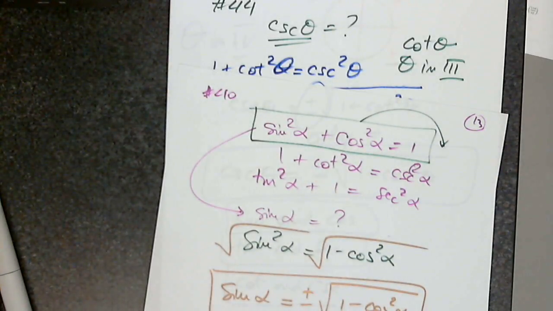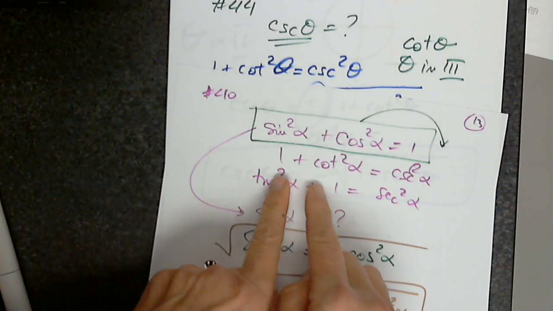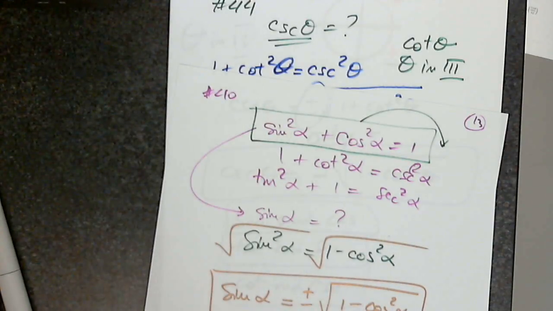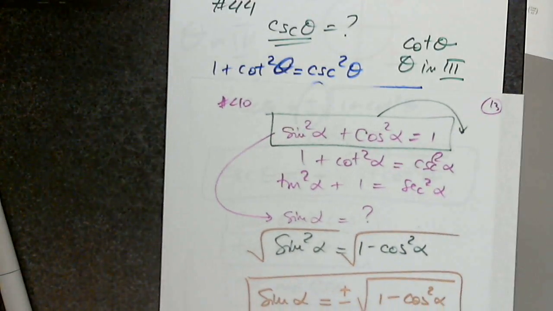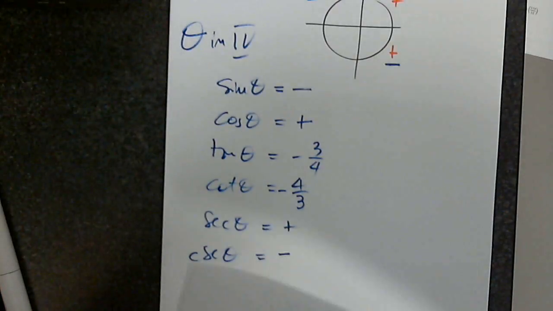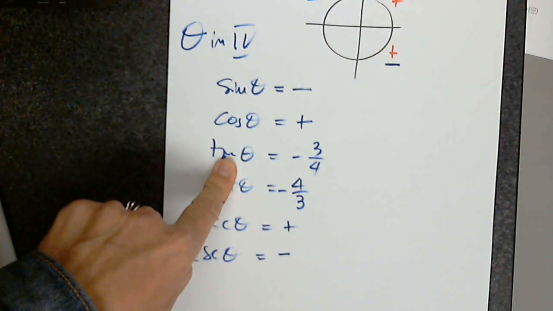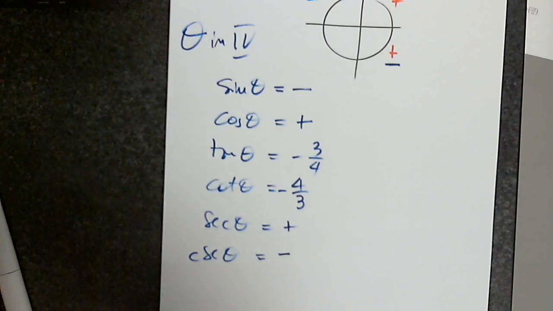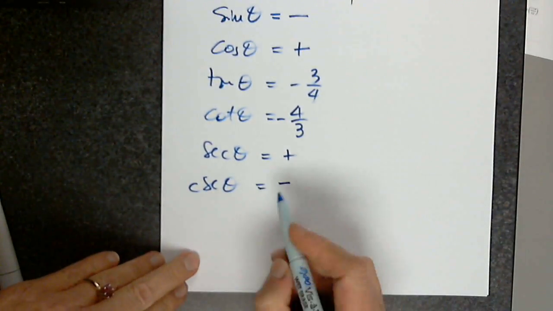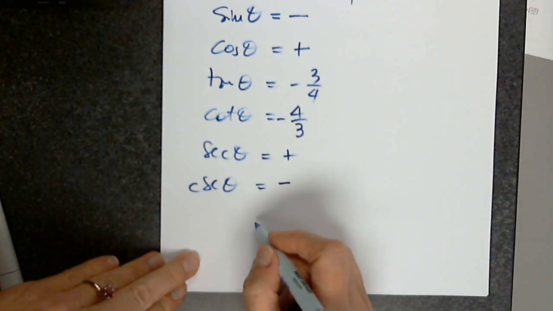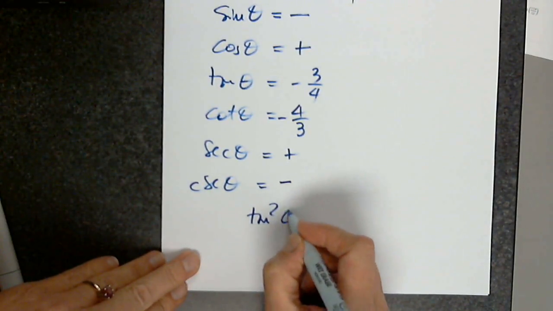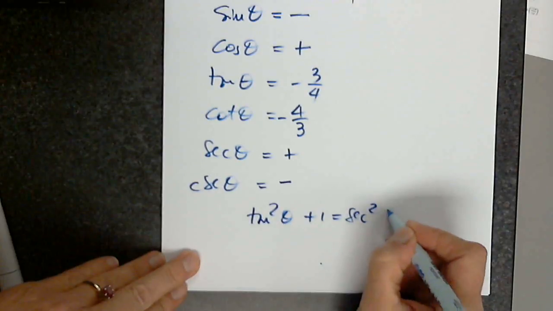And the third equation has only tangent and secant in it. So if we look at tangent, is there an equation that has only tangent in it and one other trig function? Yes. Can you dictate that equation? So it can be tan squared plus 1 equals sec squared.